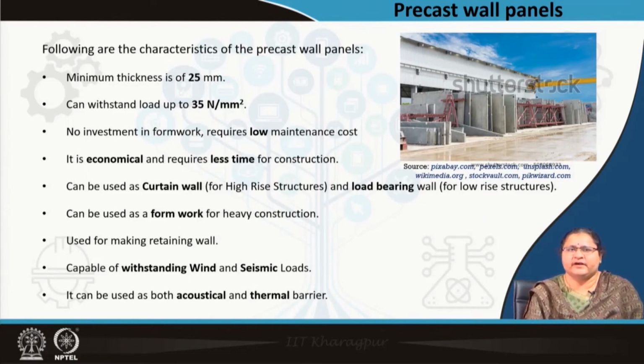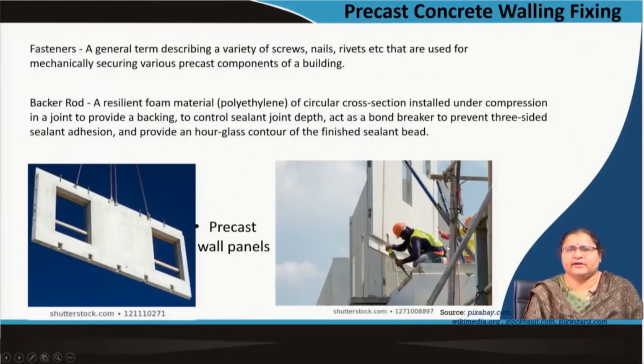These panels are further capable of withstanding wind and seismic loads because they are large in size, and they can be acoustical barrier as well as thermal barrier when they are having a composite nature, that is two walls together with an air gap or filled in with EPS or glass wool, etc. So, we move to how they are fixed.